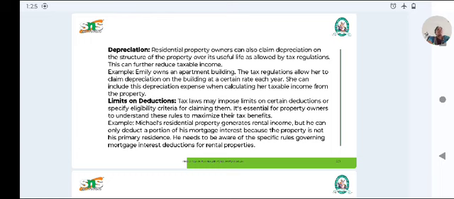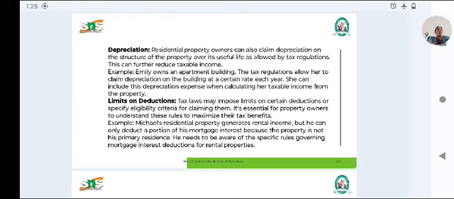Limits on deductions. Tax laws may impose limits on certain deductions or specific eligibility criteria for claiming them. It is essential for property owners to understand these rules to maximize the tax benefits.